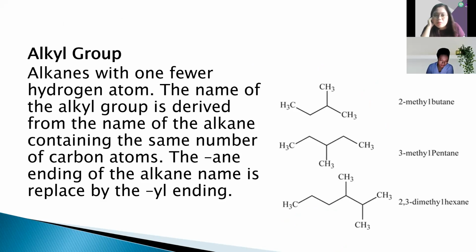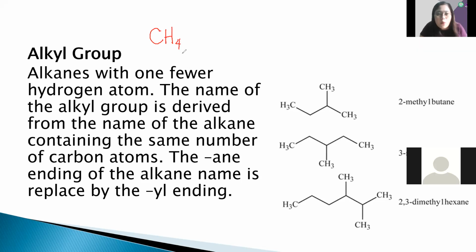Okay, now in the alkane class, we also have the so-called alkyl group. An alkyl group is actually an alkane with a reduction in the number of hydrogens. So for example, earlier I wrote that for a 1-carbon alkane, the chemical formula should be CH4. If you remove a hydrogen from that, again, you remove a hydrogen because you will be substituting it with another atom.